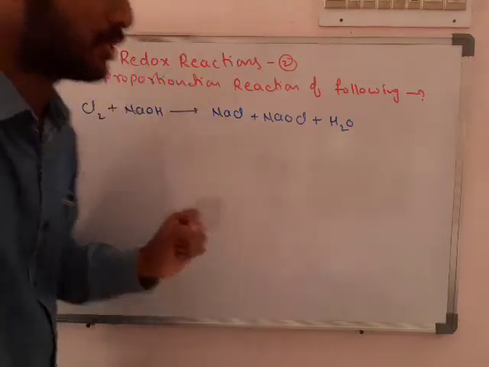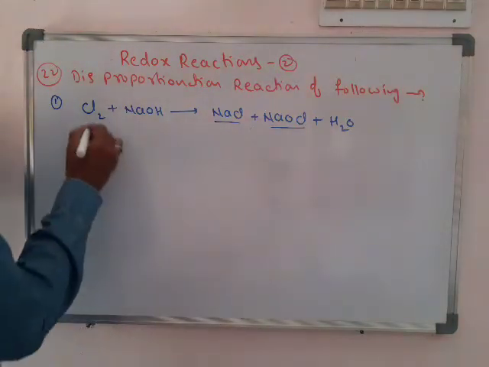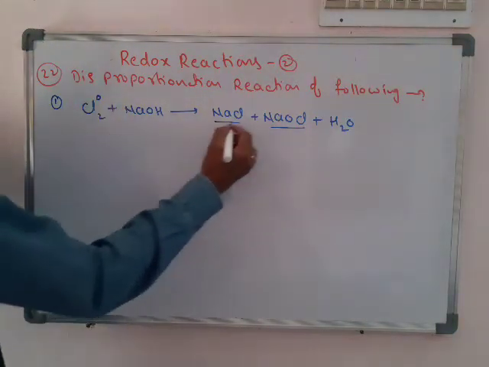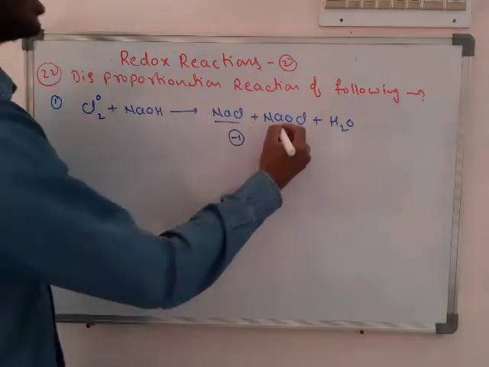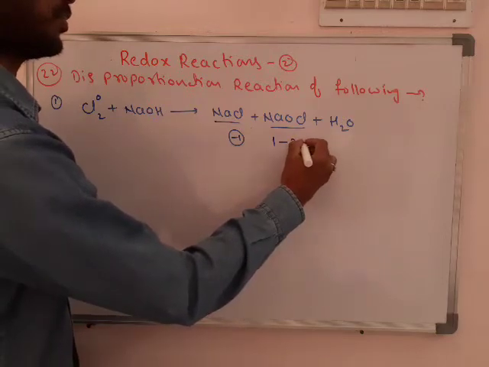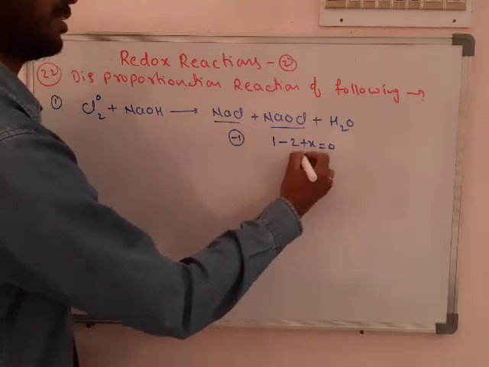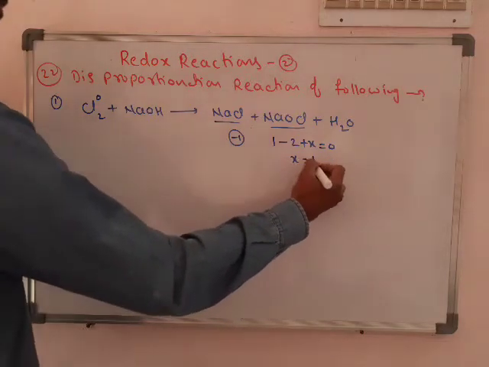But in this reaction, only chlorine is present in two products. Here Cl is at oxidation number 0. In NaCl, we know Na is plus 1 and Cl is minus 1. In NaClO, sodium is plus 1, oxygen is minus 2, so the Cl oxidation number we get is plus 1.